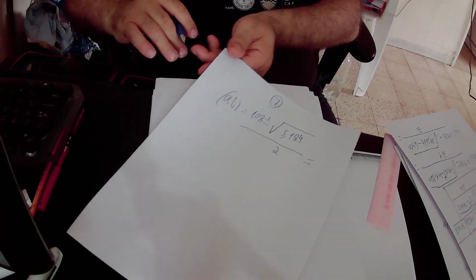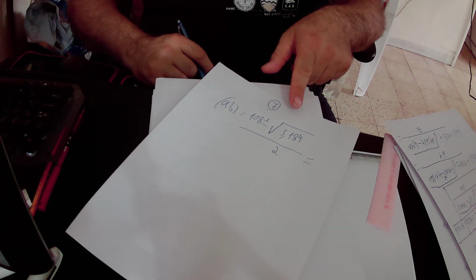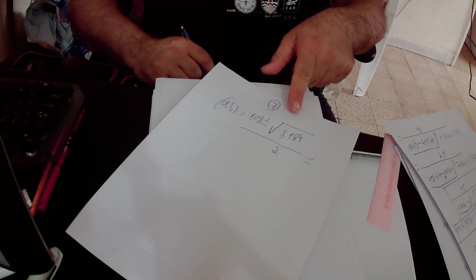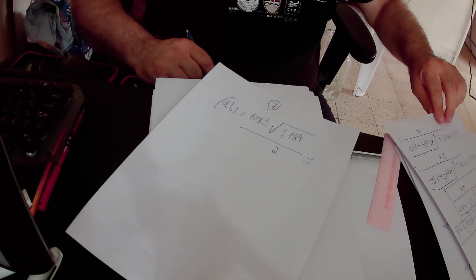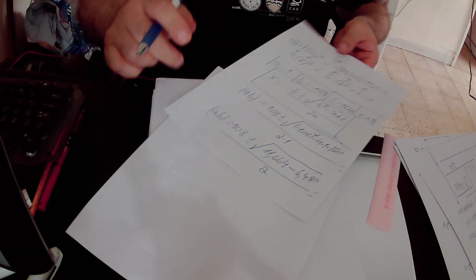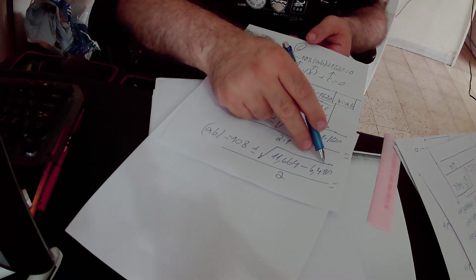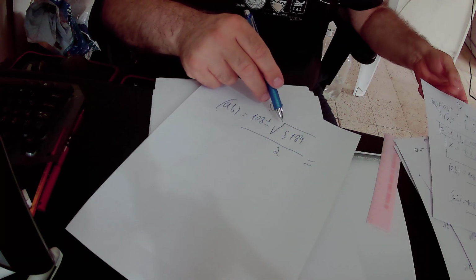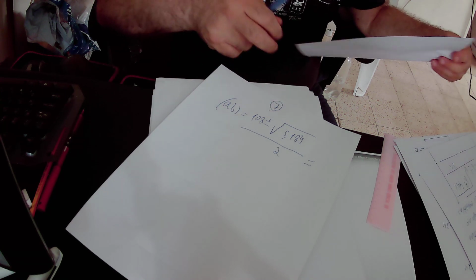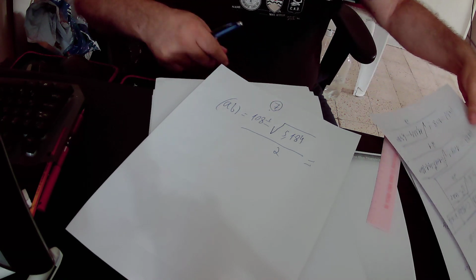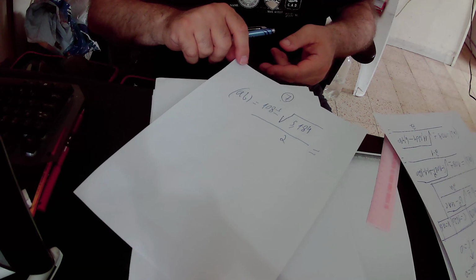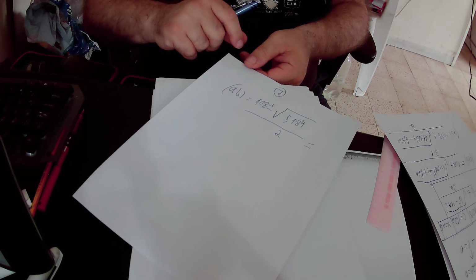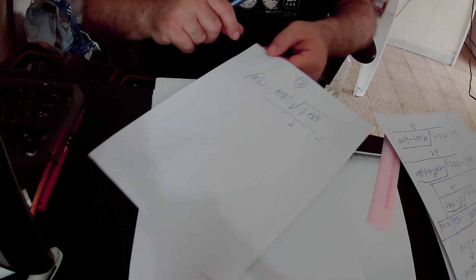Okay, 11,664 minus 6,480 equals 5,184, and the root of 5,184 is 72.